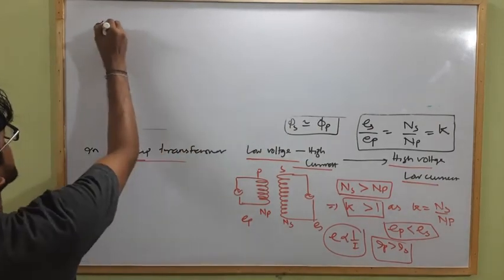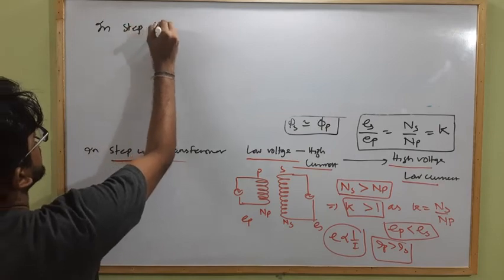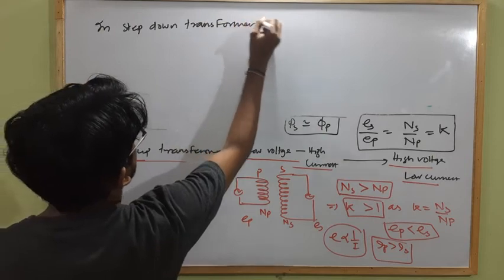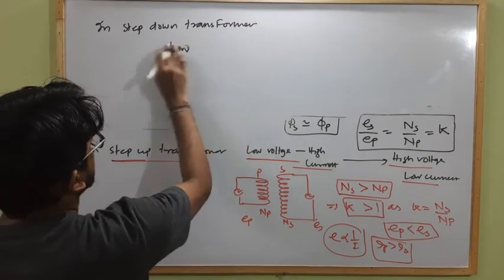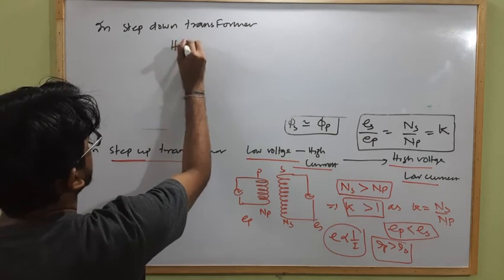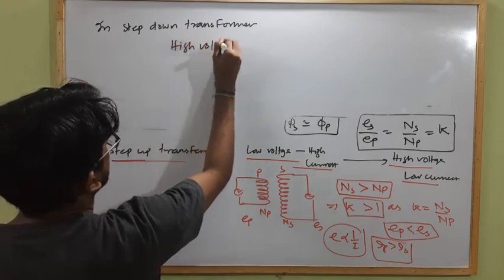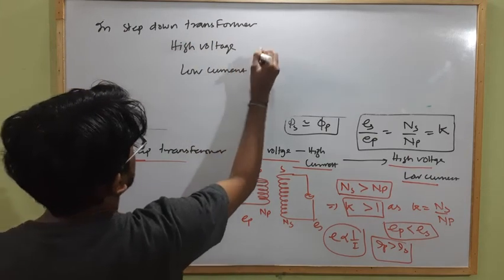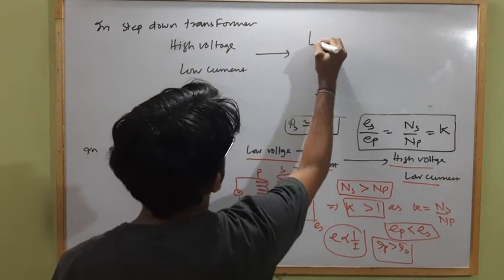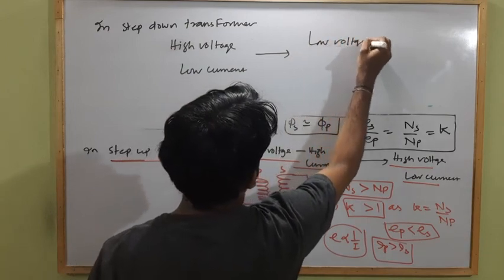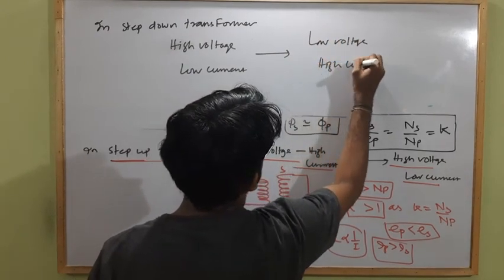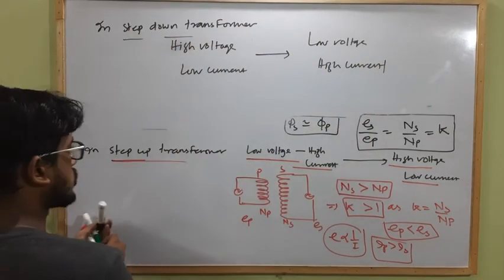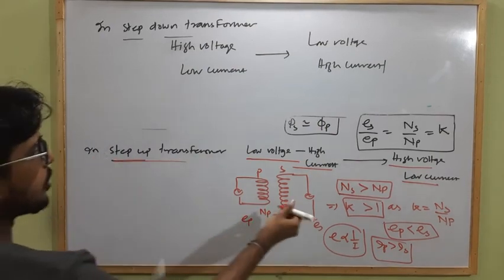In a step down transformer, high voltage, low current is converted to low voltage, high current. That is known as a step down transformer.